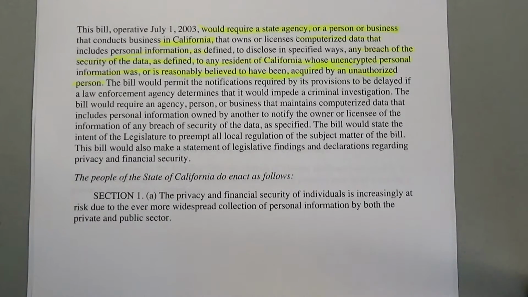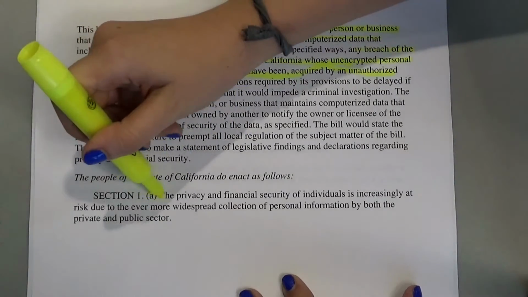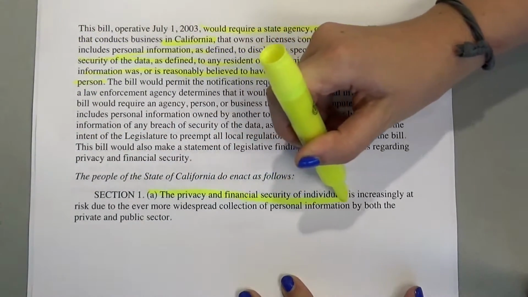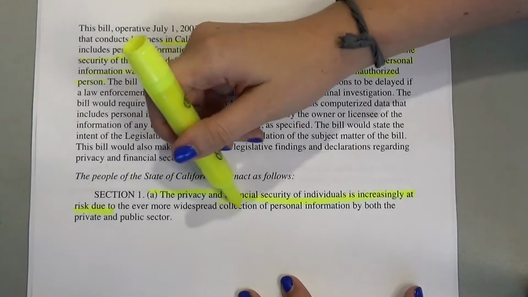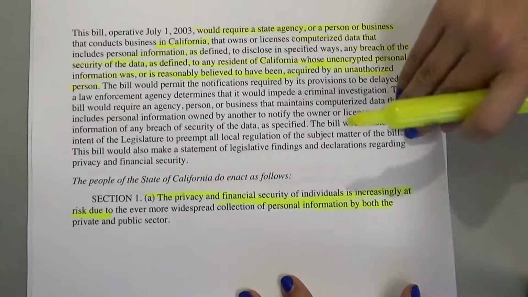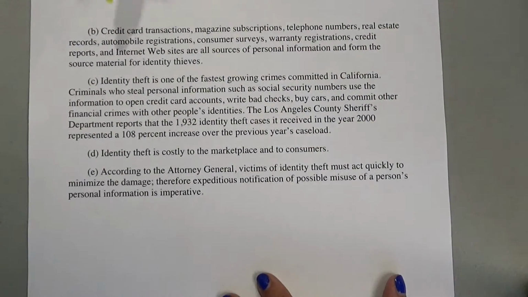The next thing that's important for any Statement of Management Intent is why management is taking this action. And that is the privacy and financial security of individuals is increasingly at risk because more and more PII is being collected in all of these many various ways, and it's great source material for identity thieves.